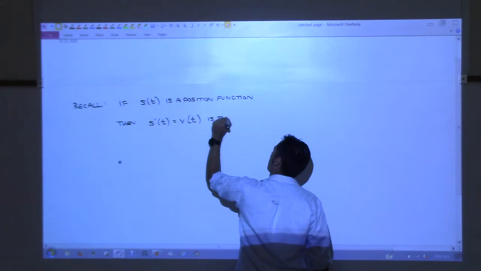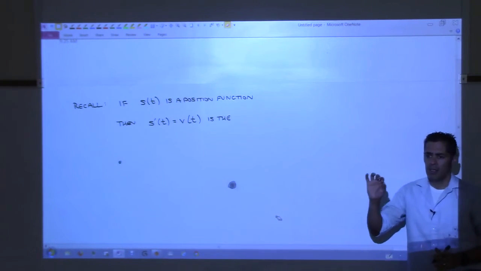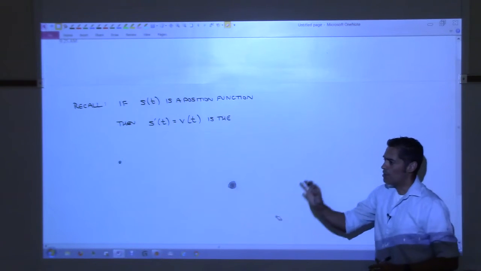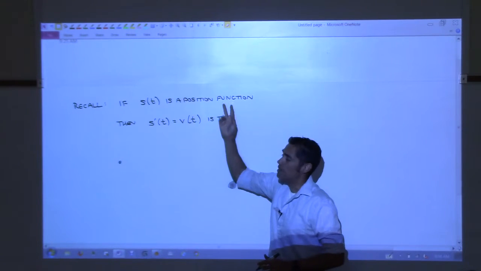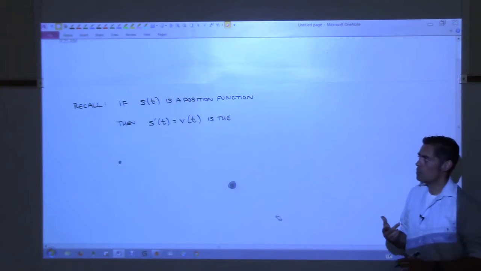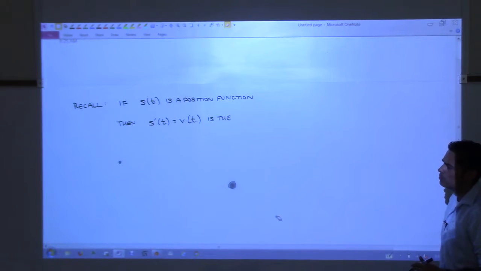So if someone gives you the position of something as a function of time, so I tell you where something is at every point in time, its position, then the first derivative would give you what? I heard it. Velocity.